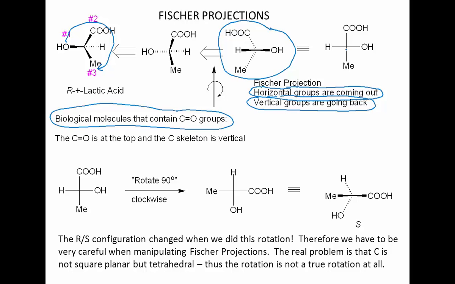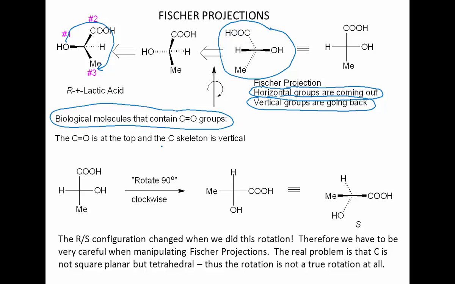We have to be careful with Fischer projections because they're not real. We know that the bond angles at tetrahedrons are not 90 degrees, and they're not flat molecules either.